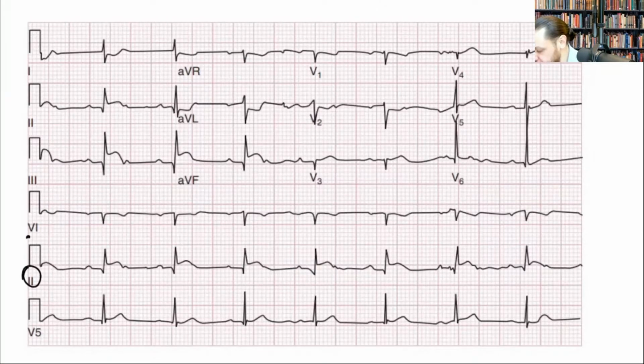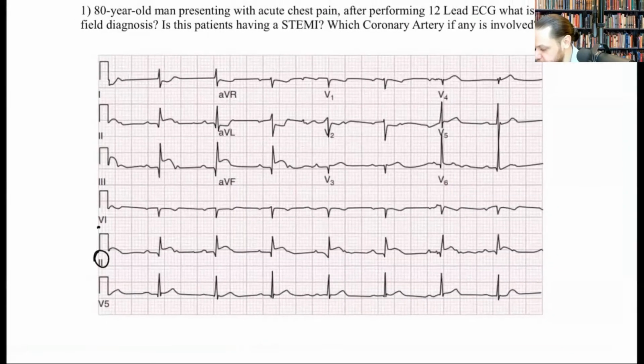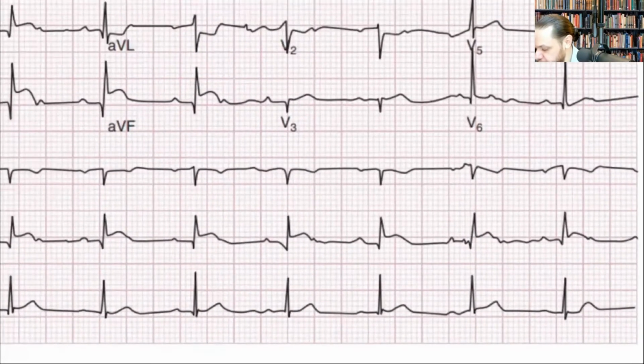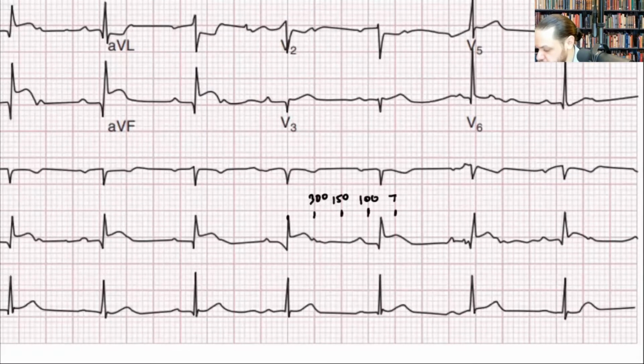You guys are going to learn the box method. With the box method, you find where your EKG falls on the box. This is going to be 300. So the heart rate falls between 75 and 100.